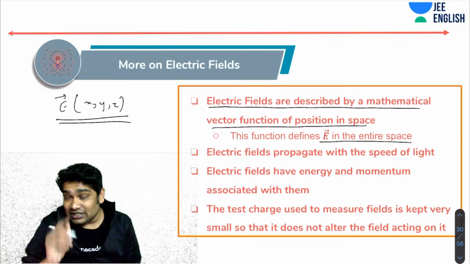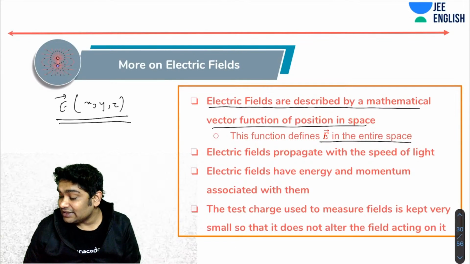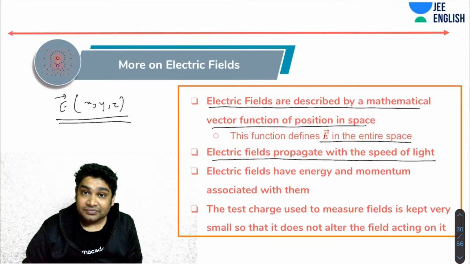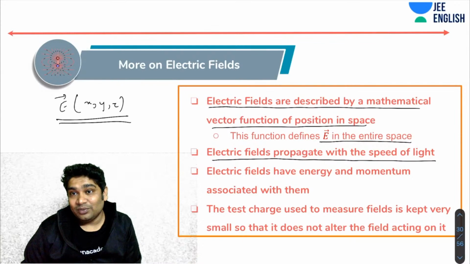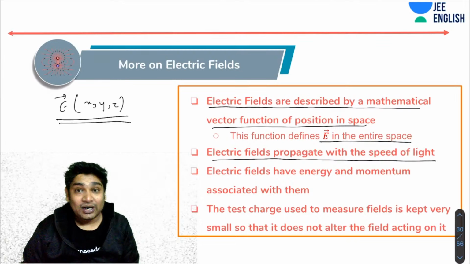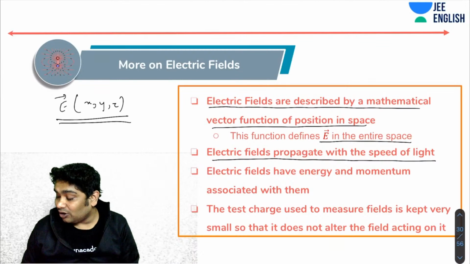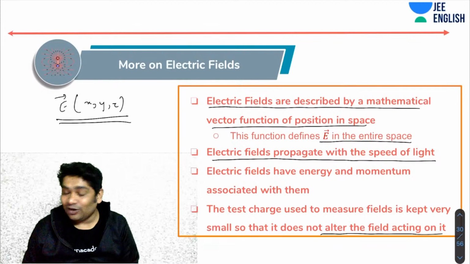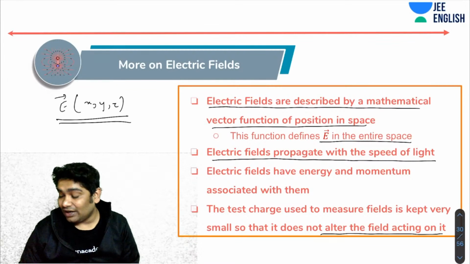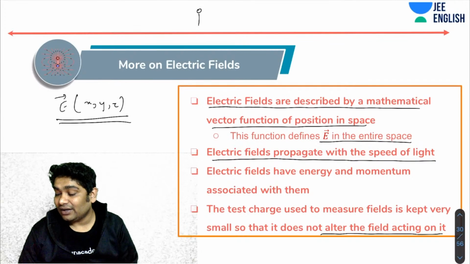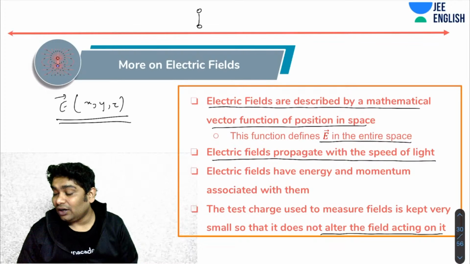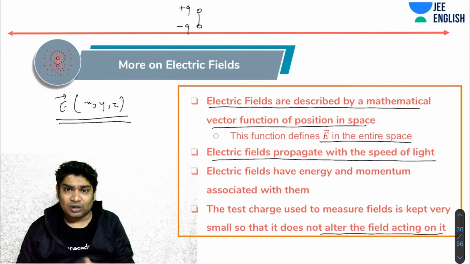Now, electric fields turn out to propagate with the speed of light. This is very interesting. Electric fields also have energy and momentum associated with them. And a test charge used to measure the fields is usually kept very small. Why is that? So that it does not alter the field acting on it. Suppose you have two charges kept here, a plus Q charge and a minus Q charge, so I have a dipole kind of situation.